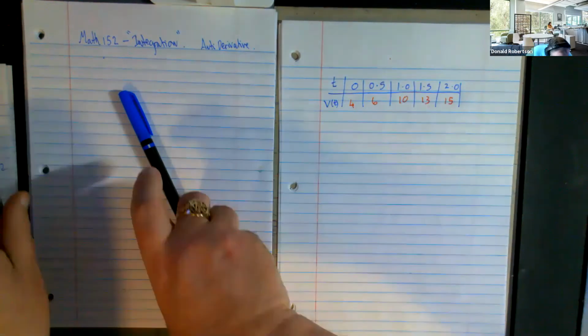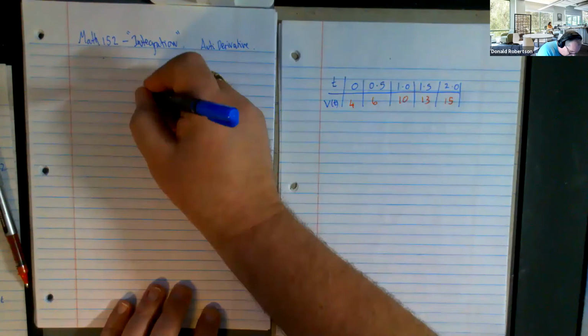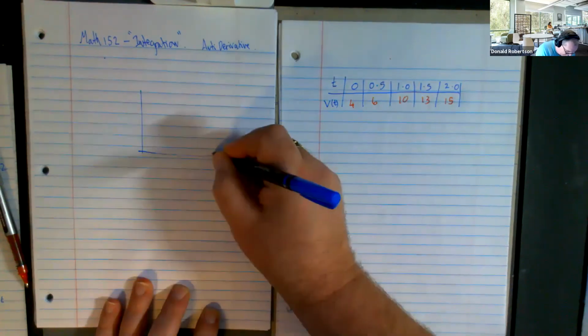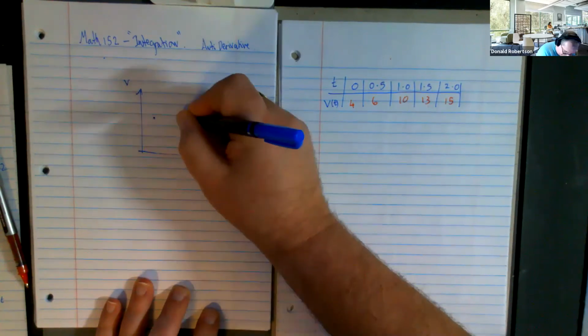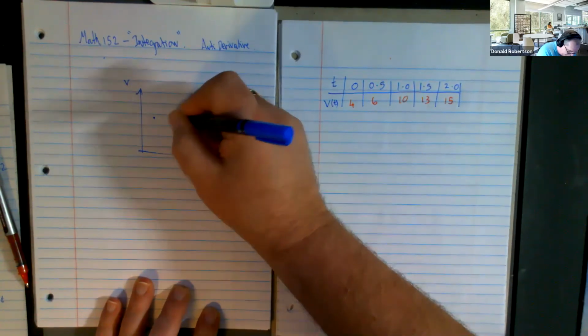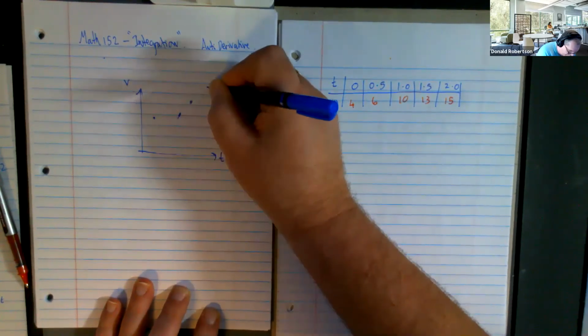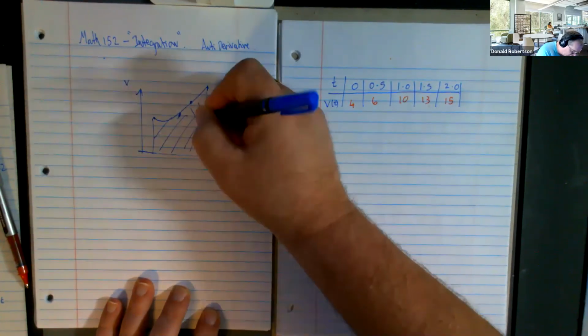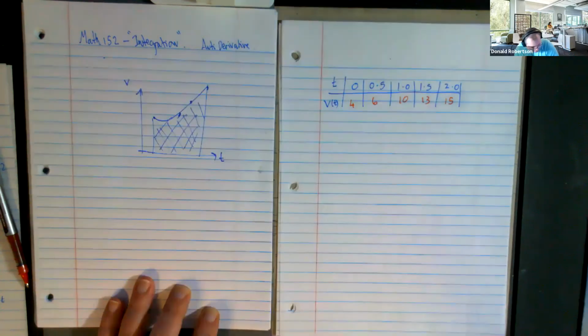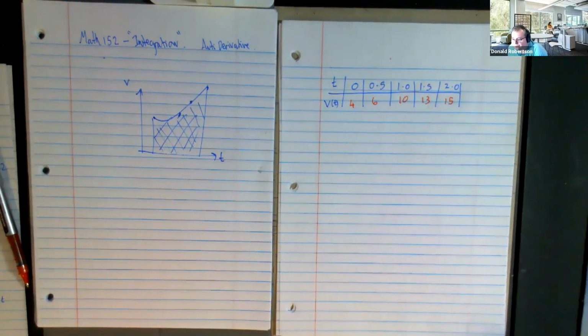Now, hopefully some of you have done physics. If you take time against velocity, what is the area underneath a velocity time curve?